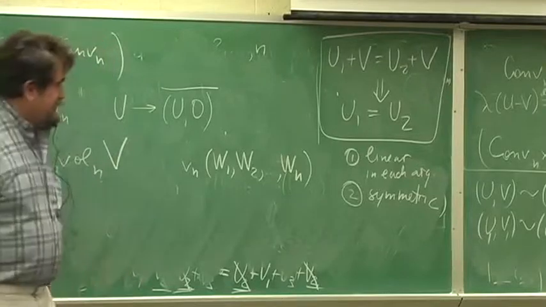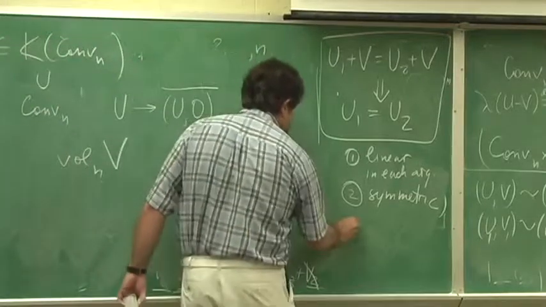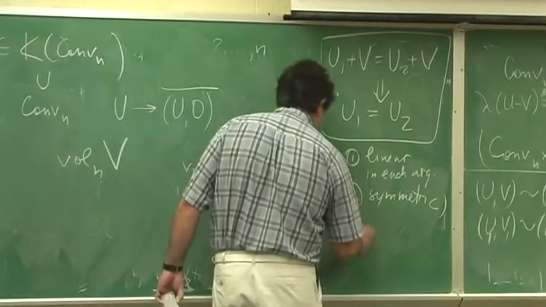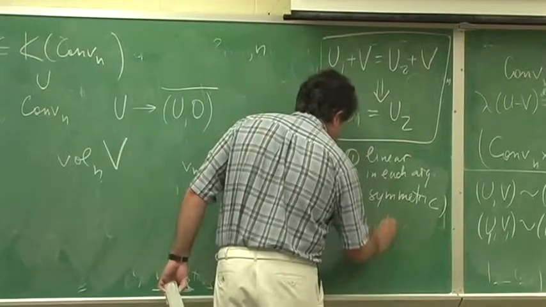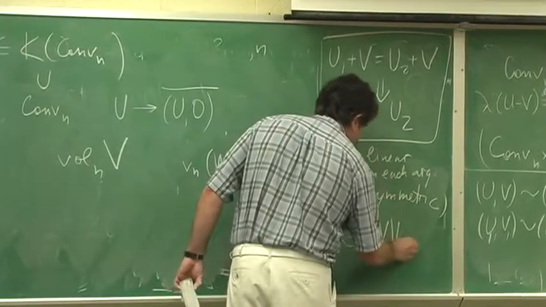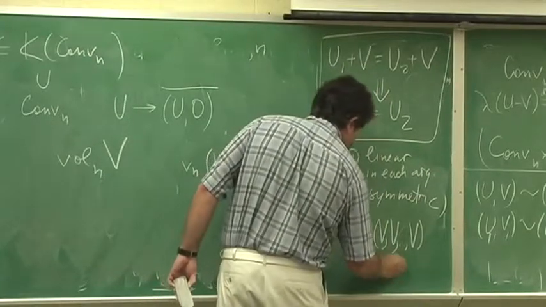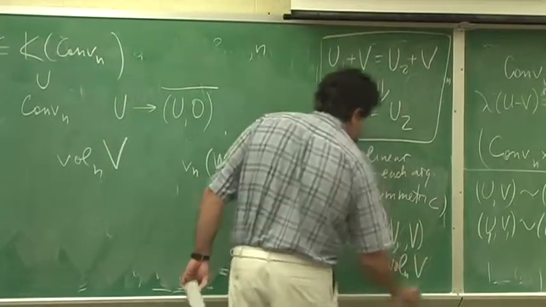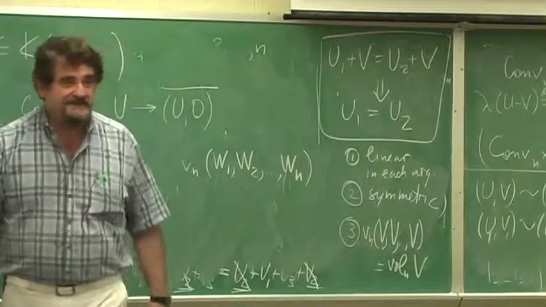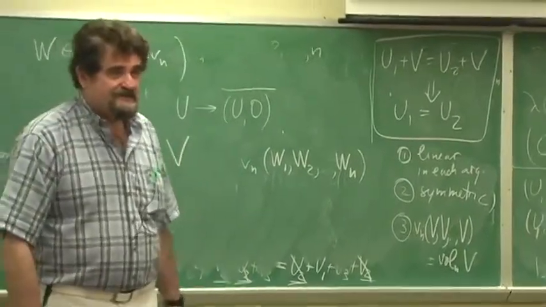It is symmetric. And third, I want V_n of (V, ..., V) to be the volume_n of V. If all arguments are the same, I want it to be the volume.